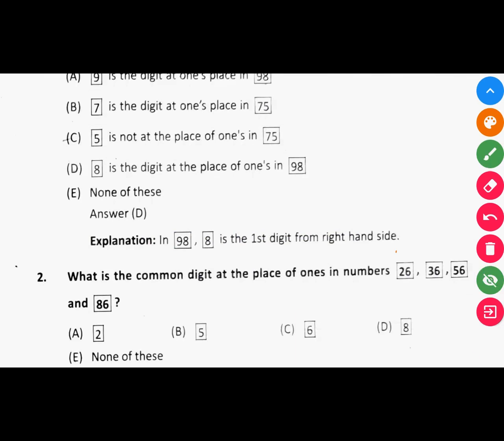Let us name the places from the right: unit, then tens. Here there is 6 at the unit place, here 6 at the unit place, here 6 at the unit place, and here also 6 at the unit place. So all the numbers have the same digit in the ones place, and that is 6. So our answer is C, 6.